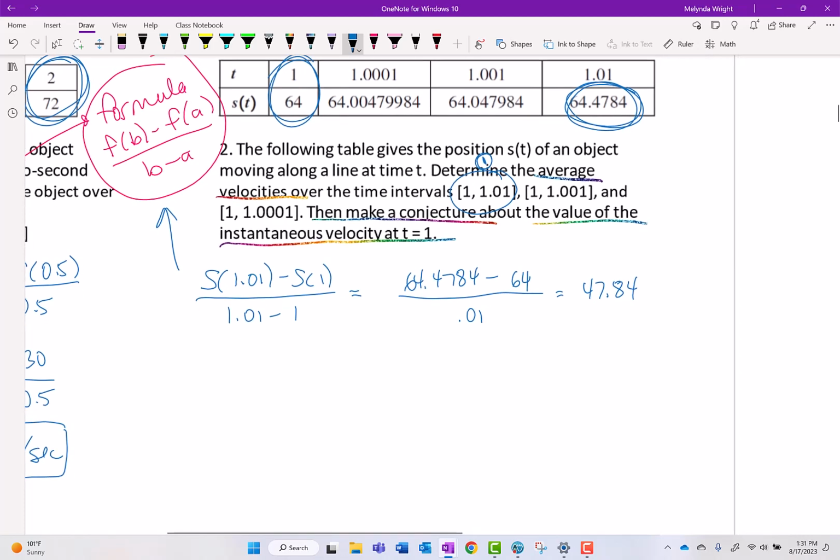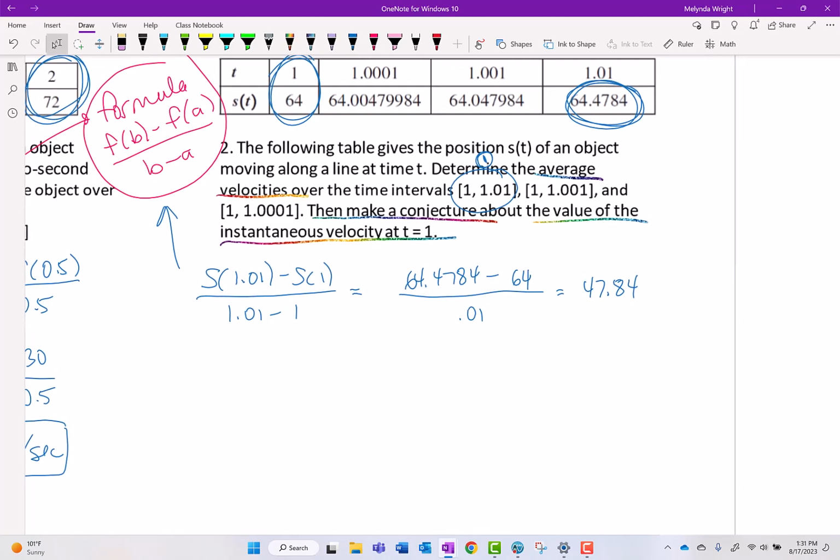Okay, here we go. The next one is S of 1.001 minus S of 1 over 1.001 minus 1. So that's our next, we're doing number 2.